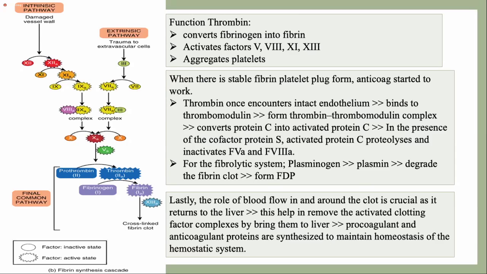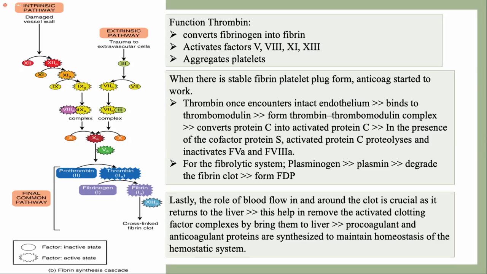Okay, when there is a stable fibrin-platelet platform, the anticoagulants will start to work. Thrombin, once it encounters the intact endothelium, will start to bind to thrombomodulin and form a complex. This complex will convert protein C into activated protein C. With the help of cofactor protein S, it will start proteolysis and inactivate factor 5 and factor 8.